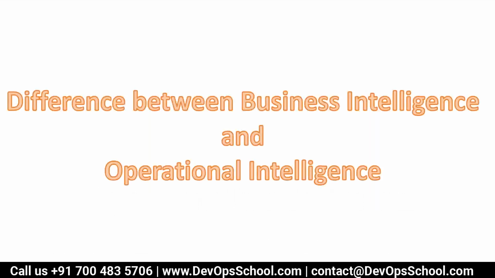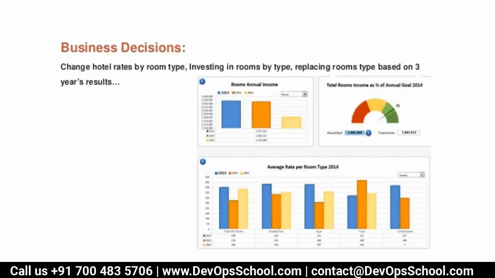Before we get into operational intelligence, there is also business intelligence. So now we will get to know what business intelligence is. Suppose, for example, a company boardroom meeting is going on, and they want to figure out their business for the next quarter, how the business will go.